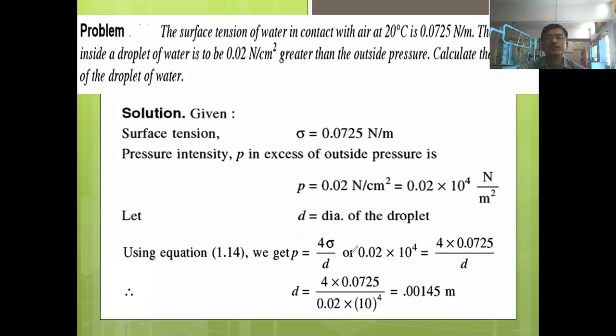The surface tension of water in contact with air at 20 degrees Celsius is 0.0725.